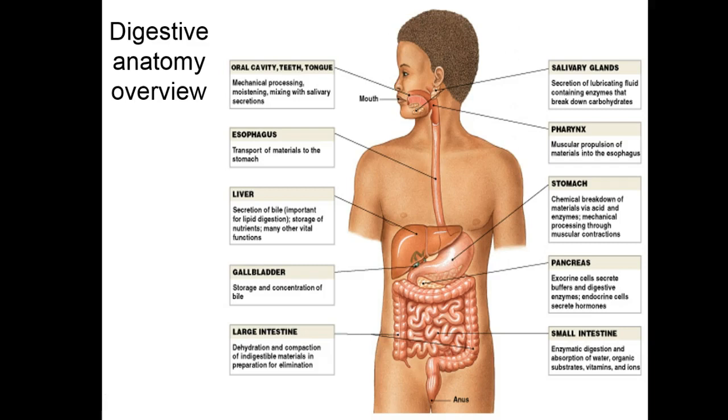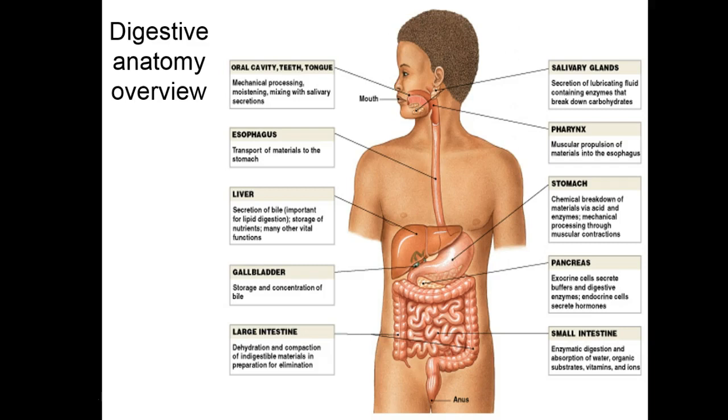Food is ingested via the mouth, so you have the oral cavity, the teeth, the tongue. What happens in the mouth is the beginning of mechanical digestion, the breaking of food apart, and also some chemical digestion with the secretions from the salivary glands. The food then goes down the esophagus, a muscular tube that leads the food to the stomach.